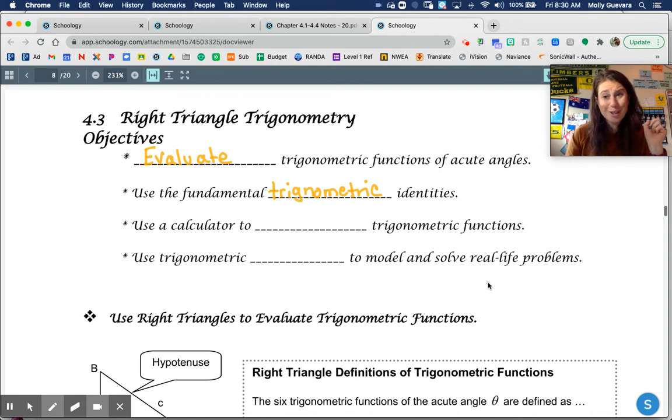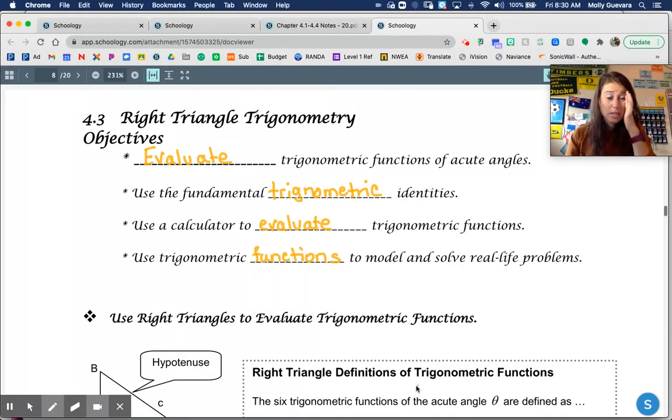We learned them in geometry. Then we're going to use a calculator to evaluate those trig functions. And then we're going to use our trig functions to model and solve real life problems.